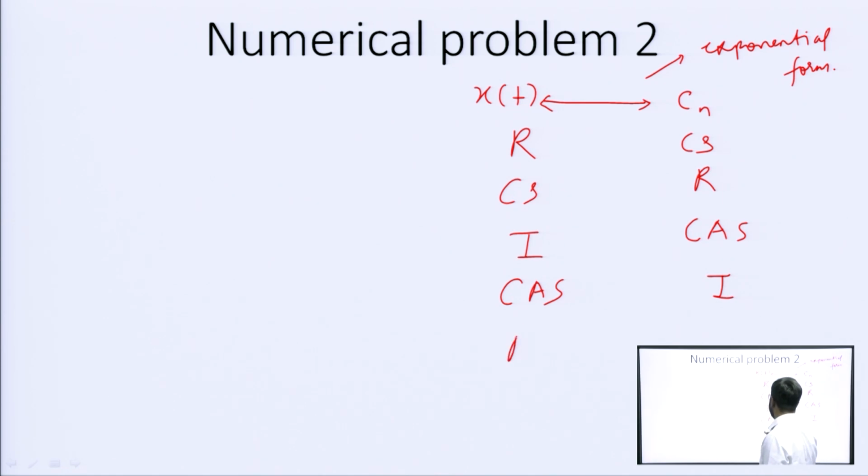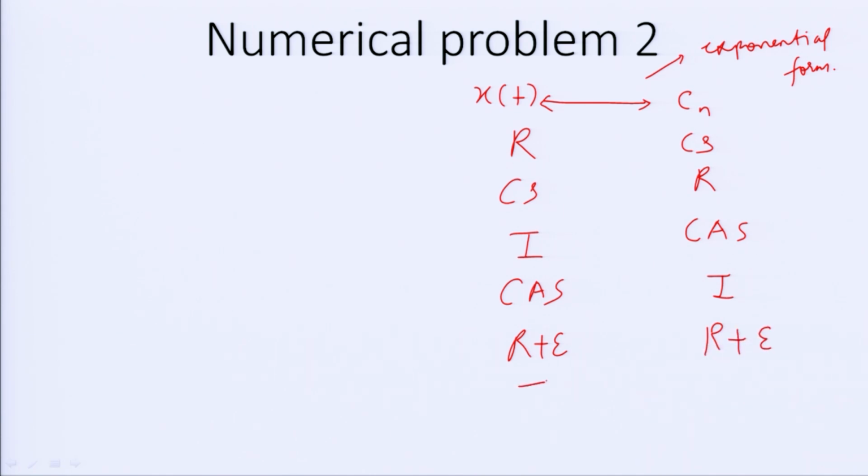If a function is real and even, the coefficient also will be real and even. If the function is imaginary and even, this will also be imaginary and even. If the function is real and odd, it will be imaginary and odd. And if the function is imaginary and odd, it will be real and odd. So, you remember this table.